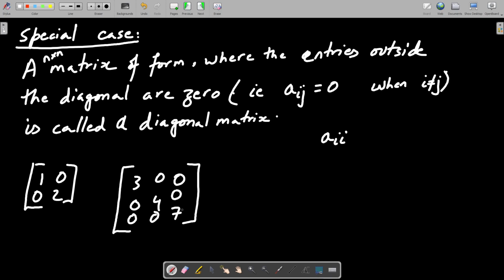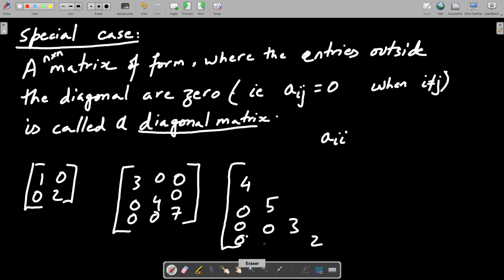This is called a diagonal matrix of order 3 by 3. Same way you can go for 4 by 4, with 4, 3, 3, 2 on the diagonal and 0s elsewhere.